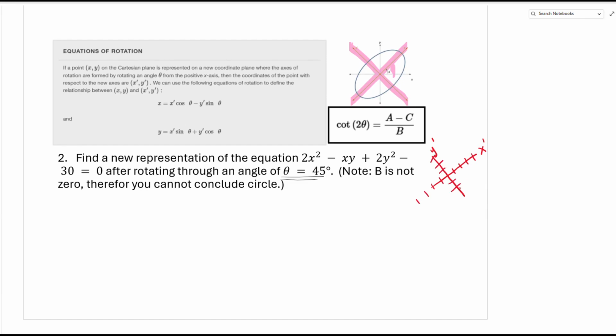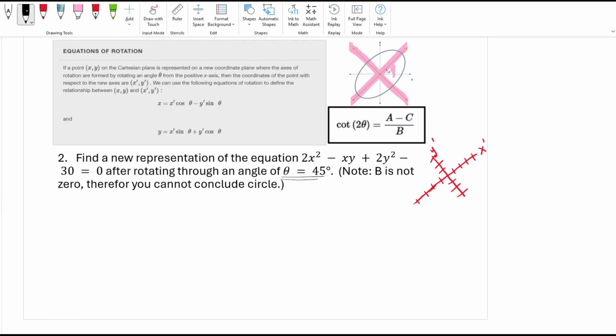Like so. Okay, so let's fill in some other information here and see if we can get the new representation for this conic section.